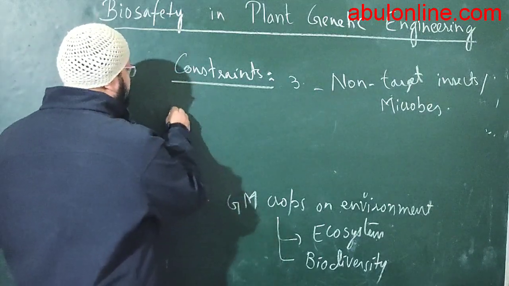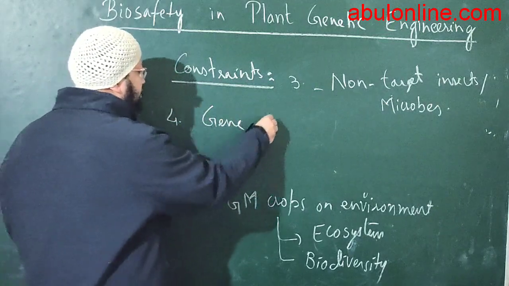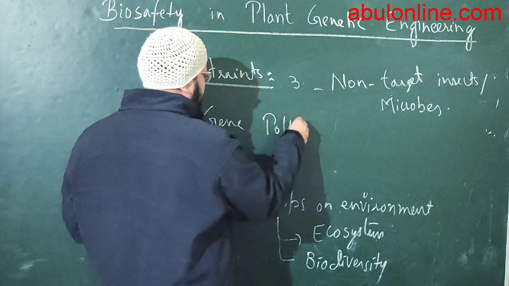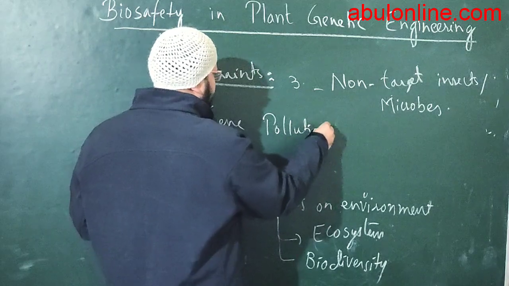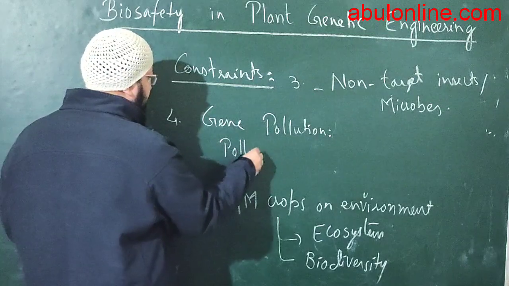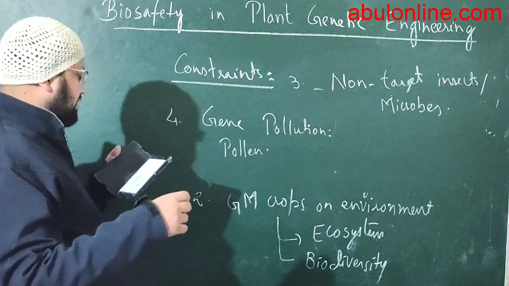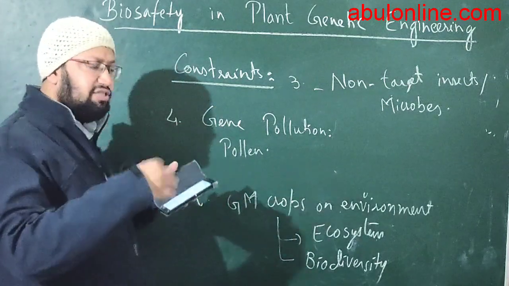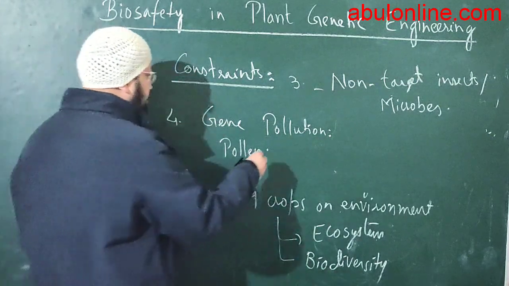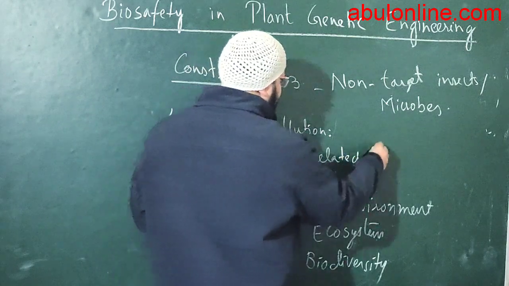And another very important point is known as gene pollution. They may lead to gene pollution. What is gene pollution? Through the pollen, if there is a pollen formation, the modified genome can spread to other related plant species.